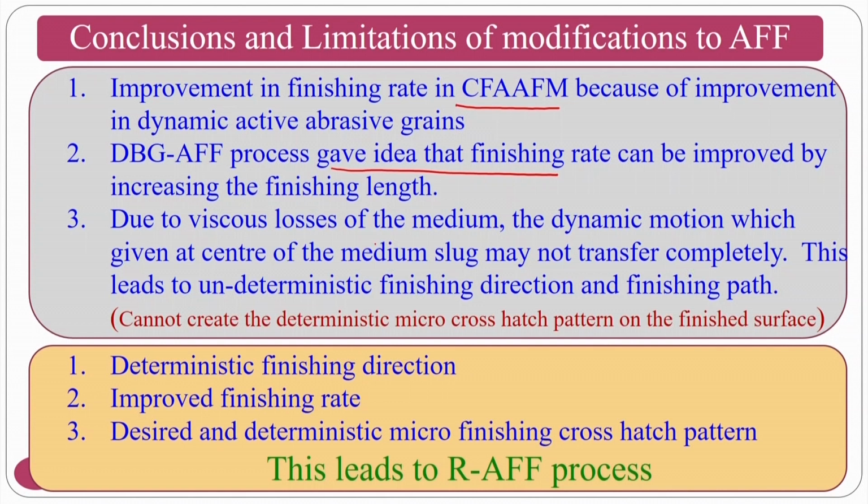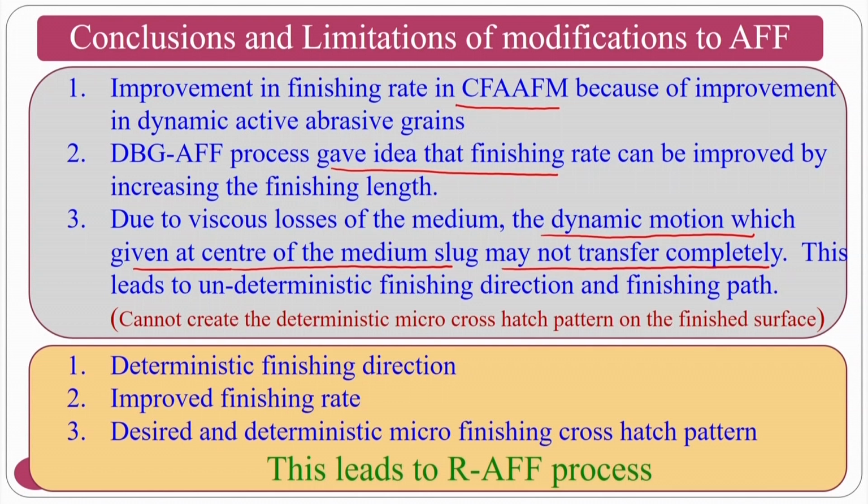But due to viscous losses of the medium, the dynamic motion given at the center of the medium slug may not transfer completely. This is the basic drawback of almost all three processes we have just seen: drill bit guided, centrifugal force assisted, and spiral polishing.